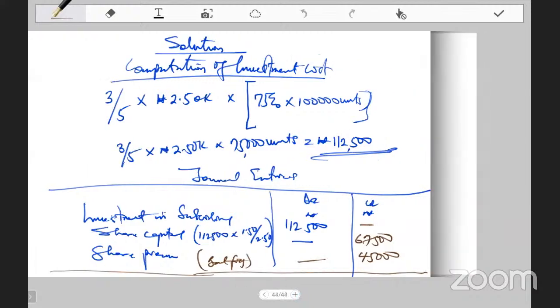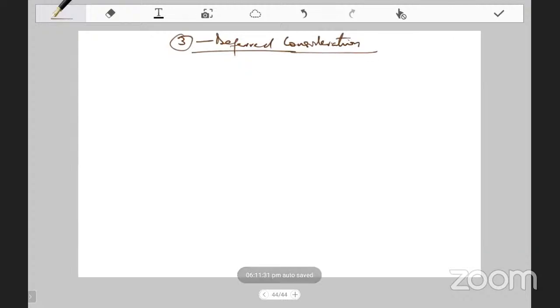Please hold on. Which one? Let me see who is asking a question. Modupe, what do you want? Can we go to the third component, please?